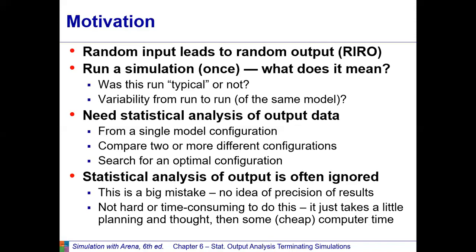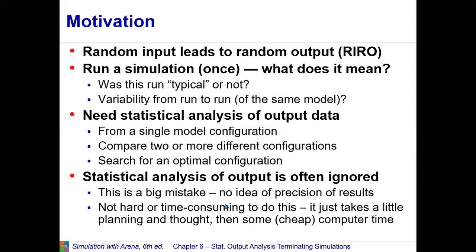And it's pretty simple. One more thing: statistical analysis of output is often ignored. However, this is a very big mistake. As you're feeding random input, you are getting random output. That's why for validation, you always need to do statistical analysis on your output.